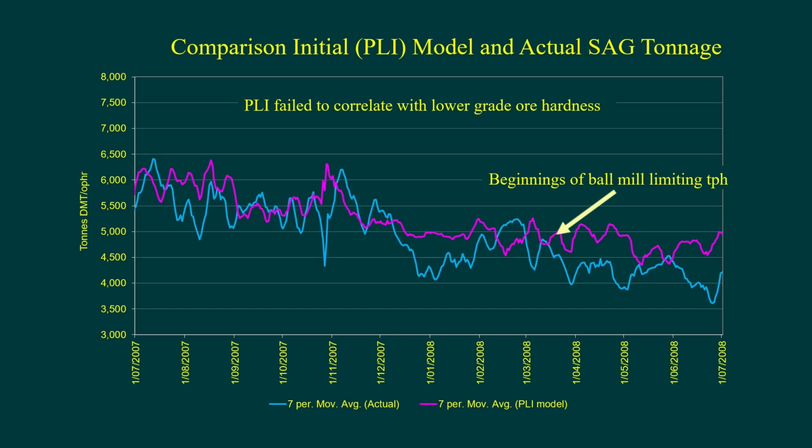And of course our very simple equation was really all based on SAG mill performance, with no recognition of what the ball mill circuit influence might be. That was simply because at that time there was no indication whatsoever that the ball mill circuit in any way limited the throughput of the comminution circuit.